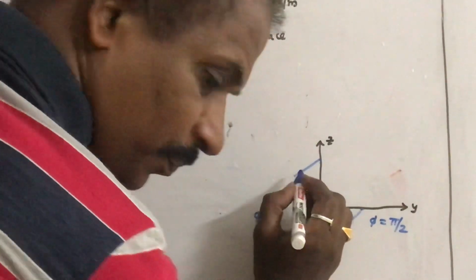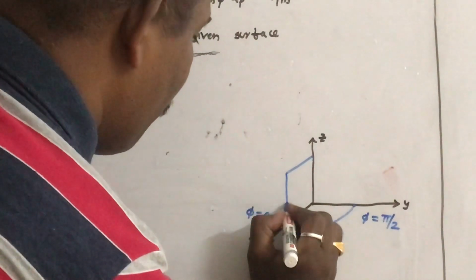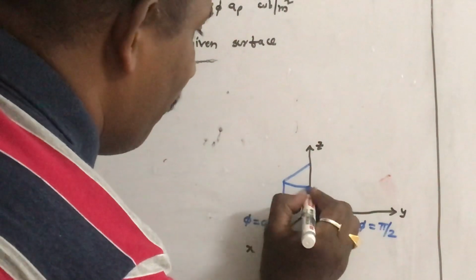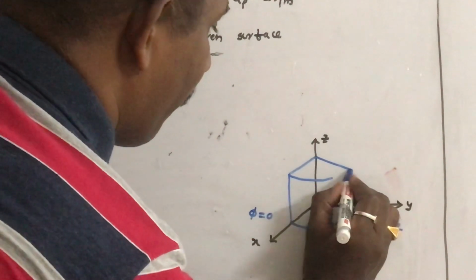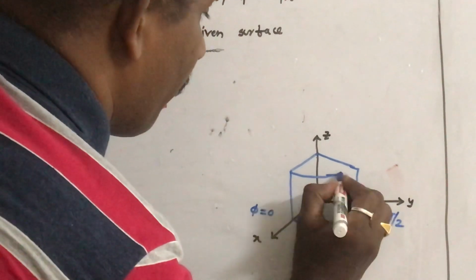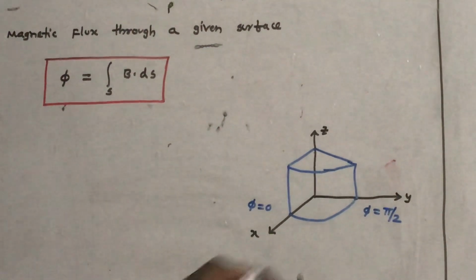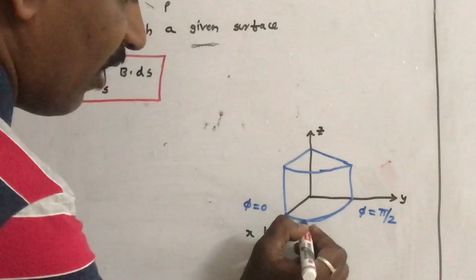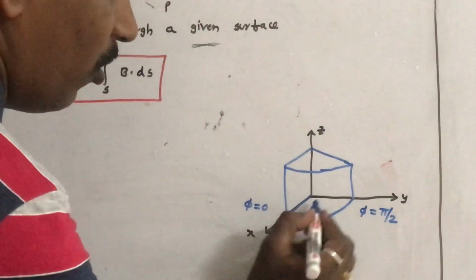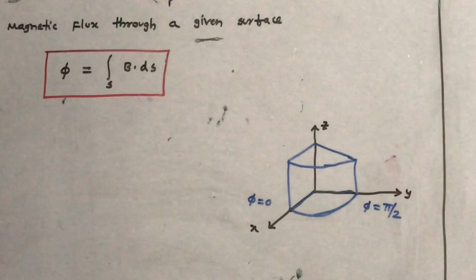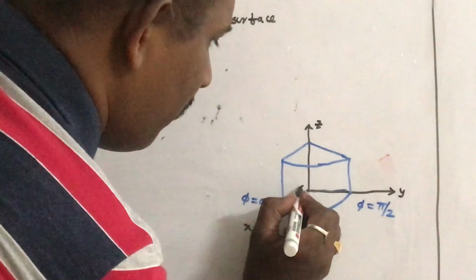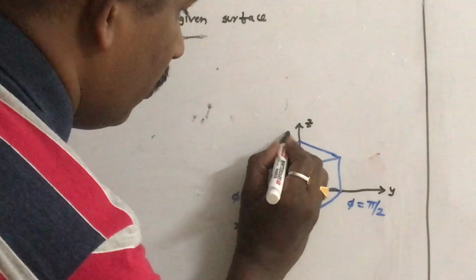We have to draw a diagram of this kind. So this is the surface, where phi is varying from 0 to pi by 2, and z is varying from 0 to 2 as the height.